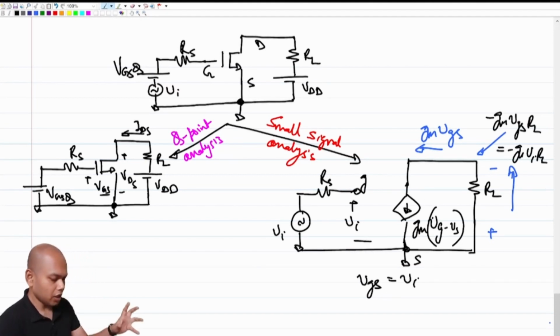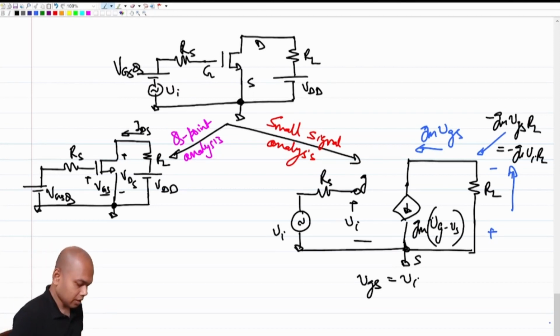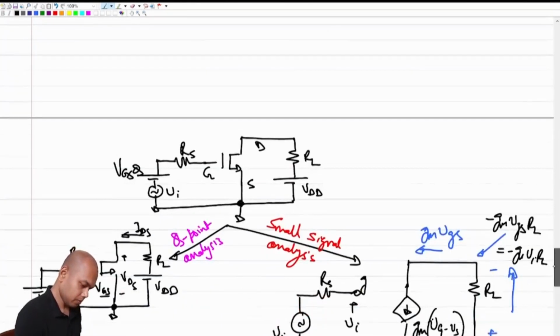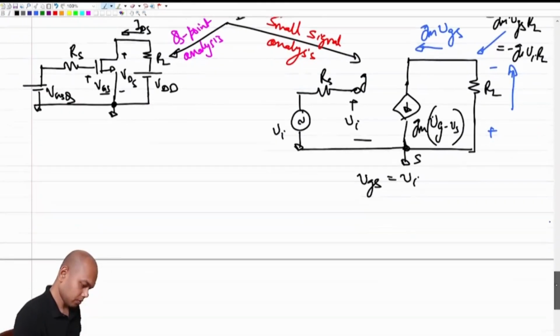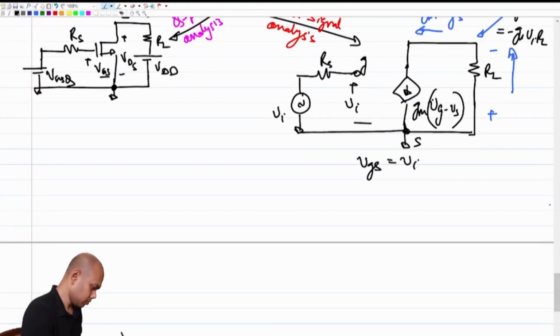So what is the total VGS? When you have to find out total, we have to add up.